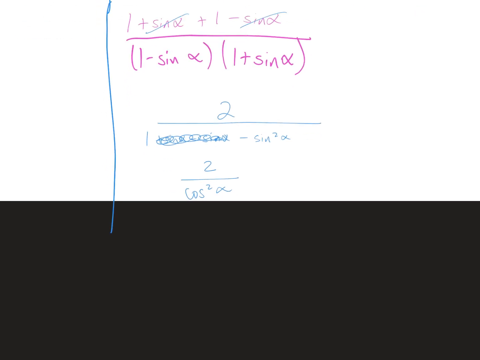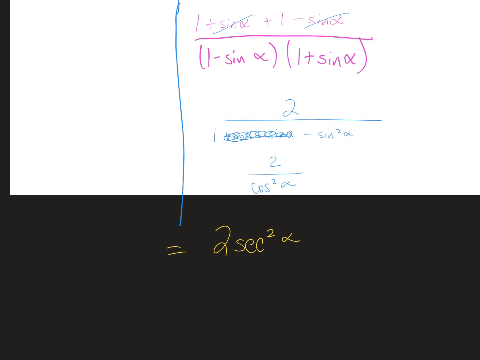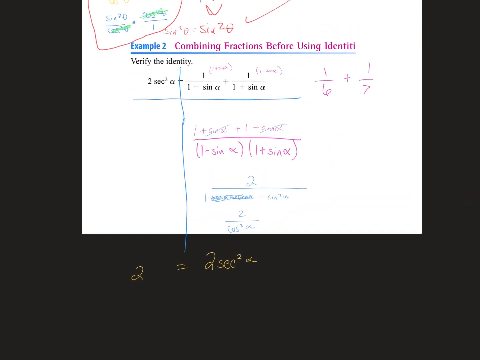What's another way I could write 2 over cosine squared? 2 times secant squared alpha, right? 1 over cosine is secant, right? So 2 over cosine squared is just 2 secant squared. Did I prove the left-hand side equals the right-hand side? Yes.